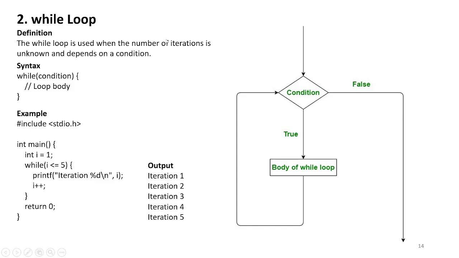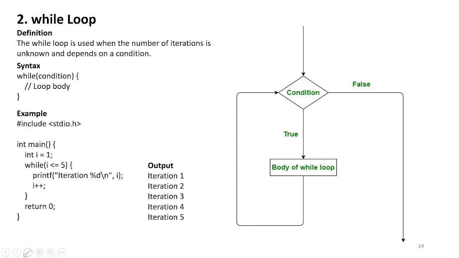In the case of while, if you remember, we put the while part with the condition first, and after that the body part. But in do while, at first we execute the body part and then check the condition, so the while will come from here to here.